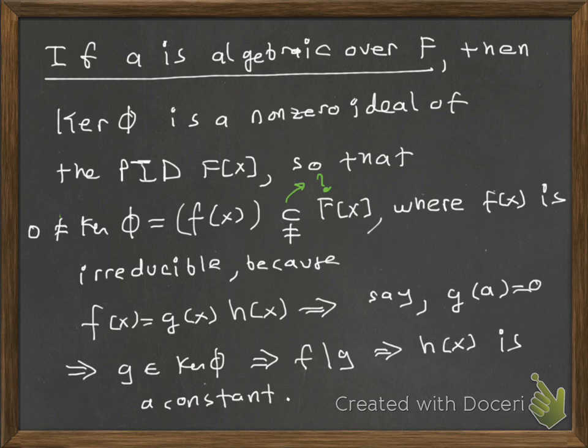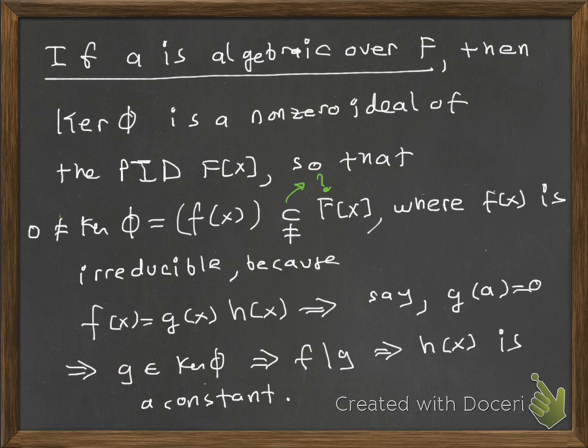Now, we further claim that f is irreducible. That means it's a non-zero, non-unit element of the domain F[x], which never decomposes into the product of two non-unit elements. So we will assume f is equal to g times h and try to prove that one of them is a unit, namely in this case a constant polynomial that is non-zero.